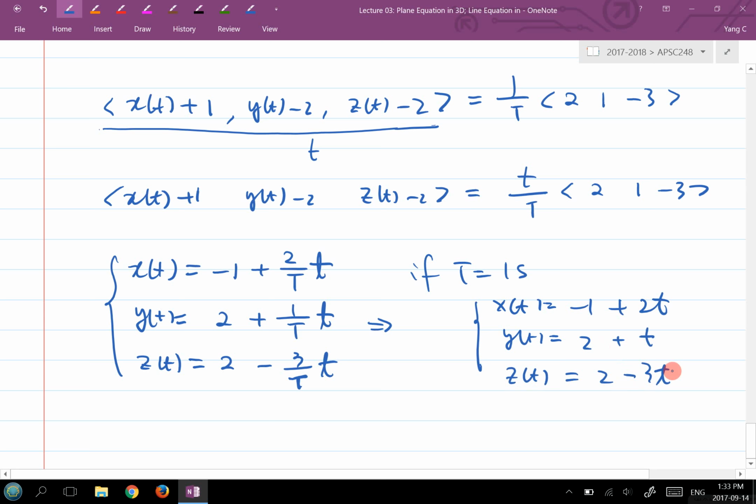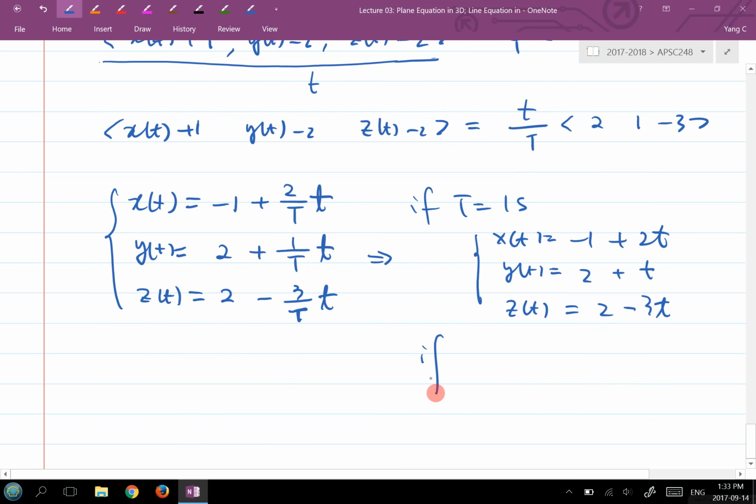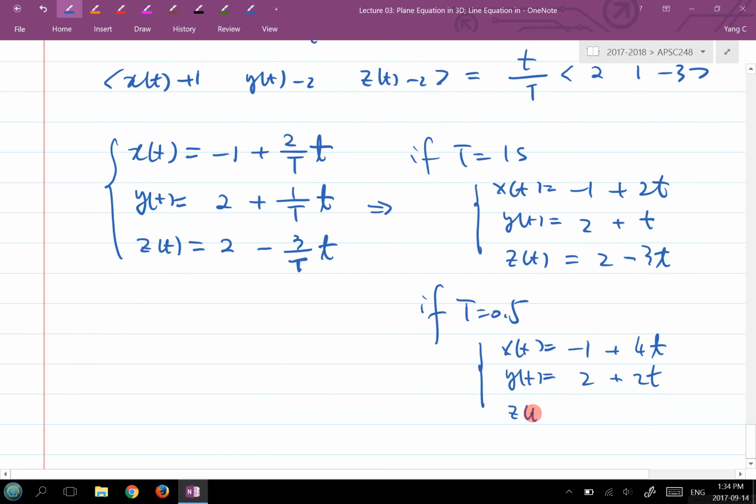Is that good? And if capital T equals 0.5, we're going to get something slightly different. This is still -1 here, but this will become 4t, and that will become 2t, and this will become 6t.